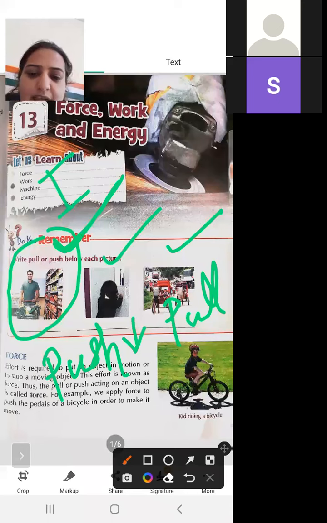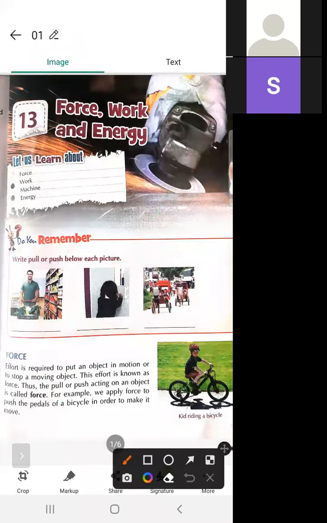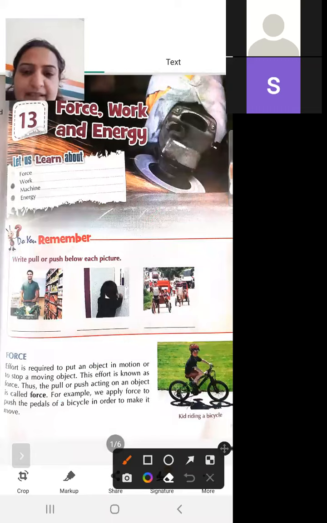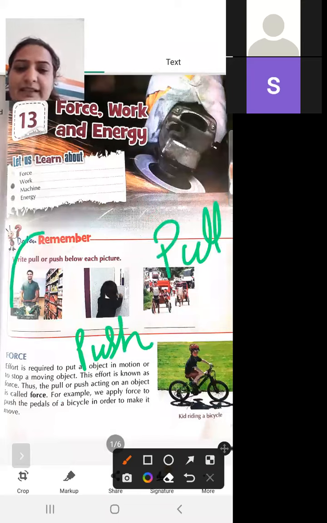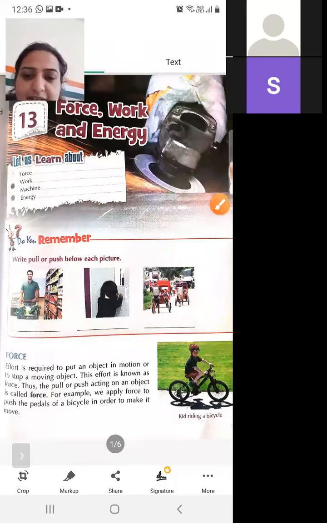In the second case, it is push. In the third case, it is pull. This is homework for you. So pulling is खींचना, pushing धक्का लगाना.